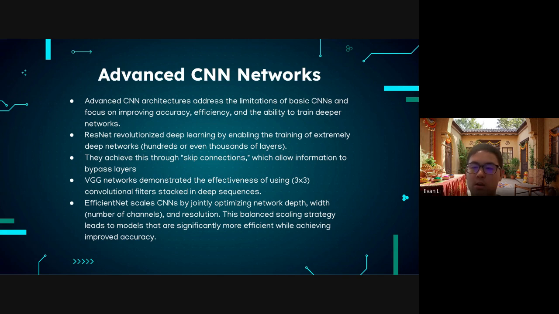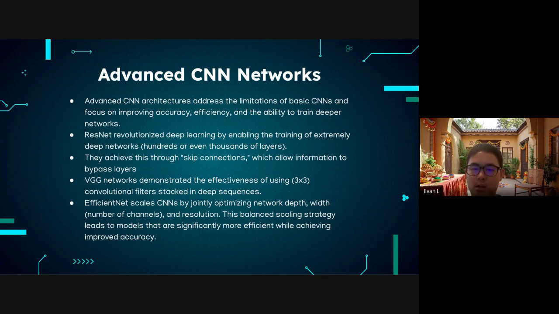Despite their architectural simplicity, VGG networks demonstrated that depth itself, achieved through the stacking of small convolutional layers, is a critical factor in achieving high performance. The uniform and modular design of VGG made them readily adaptable and influential in subsequent research.